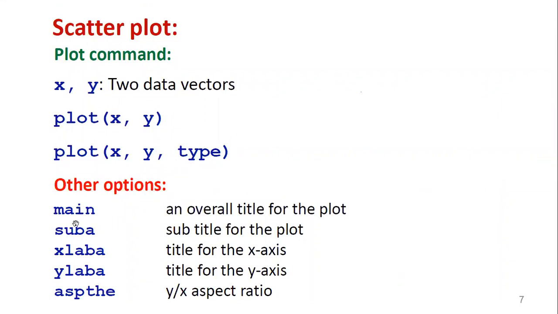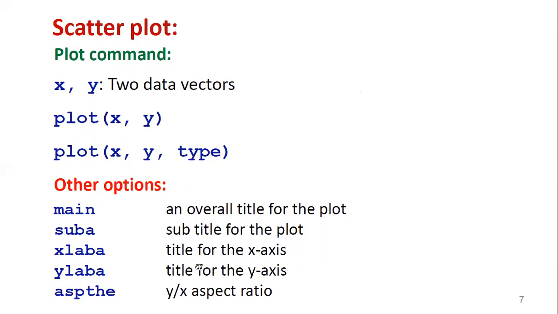Along with type, after a comma, you can use main, sub, xlab, ylab, and asp. main means an overall title for the plot. If you want to provide a title heading, you can use main. If you want to provide a subtitle for the plot, you can use sub. If you want to provide a title for the x-axis, use xlab.